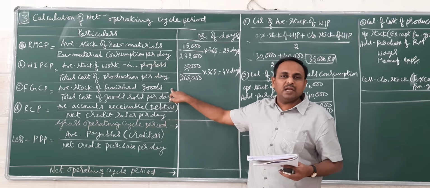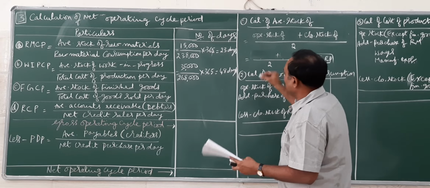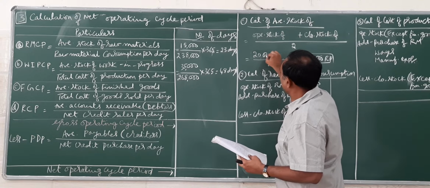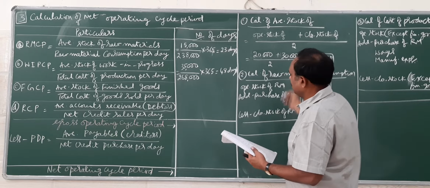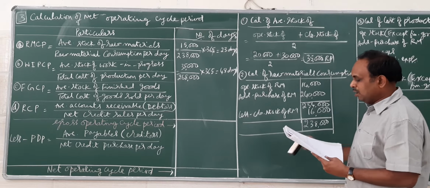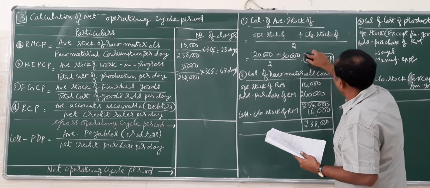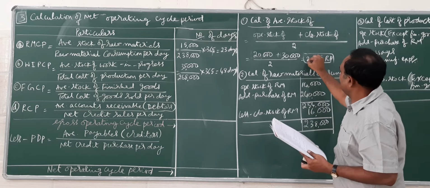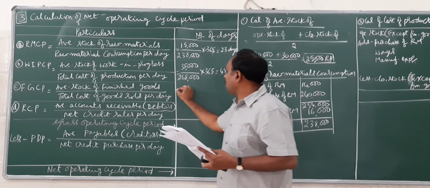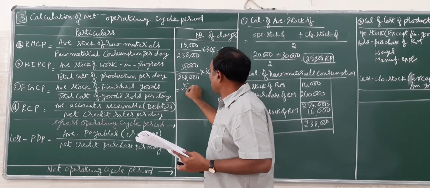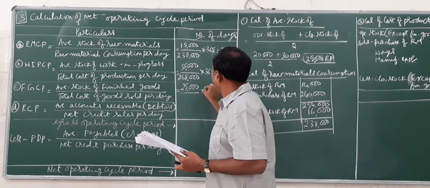Opening stock of finished goods is 20,000. Closing stock of finished goods is 30,000. So 20 plus 30 divided by 2 is 25,000. So this 25,000 we are going to take as average stock of finished goods.